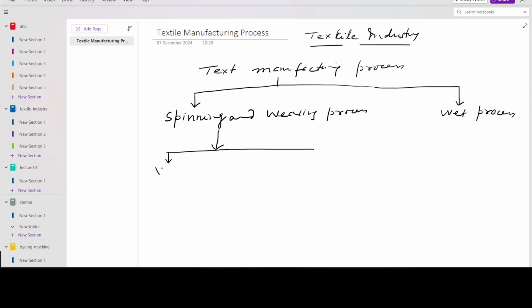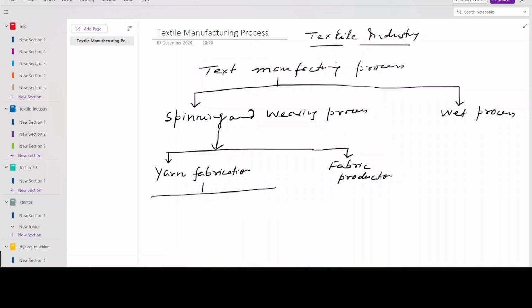first is yarn fabrication, yarn or thread, and then we have fabric production. Under yarn fabrication, we have 7 steps.